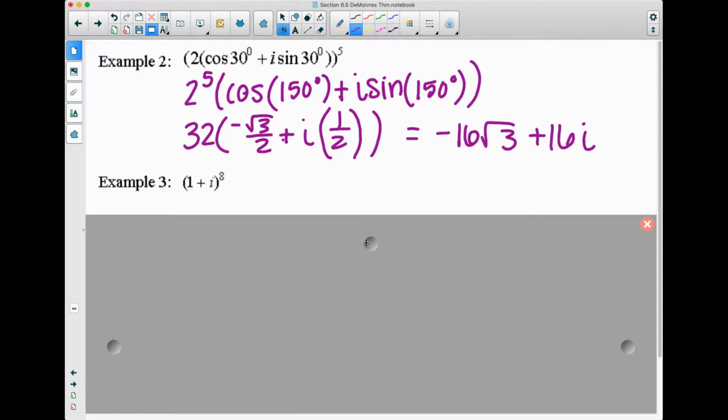Remember, all you have to find is r and theta. And once you find that, then you can do De Moivre's theorem. You're allowed to use a calculator.